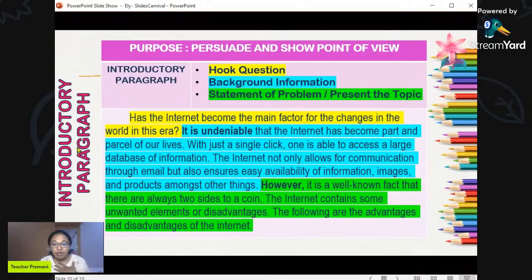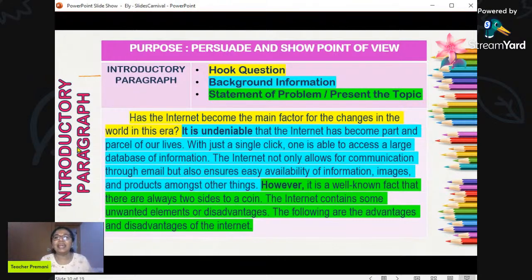So it's not wrong. Unless you take the whole chunk and put it as your introduction, then it's not portraying your language skill, your ability.